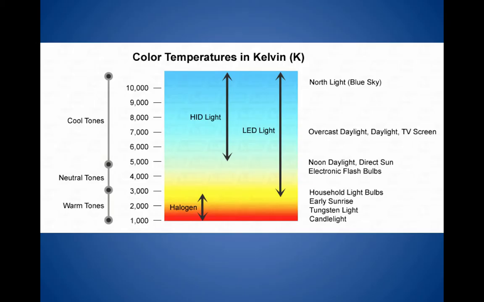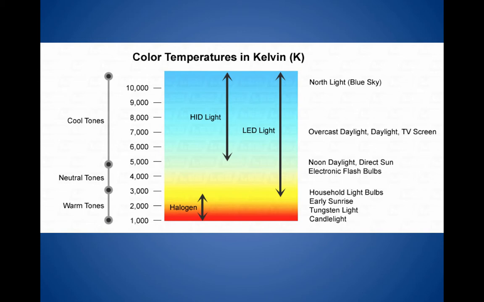Another way of looking at it is, if you're looking at the high end of the color temperature scale, ironically, we call that the cool end, mainly because visually it looks cooler, not temperature-wise. Kelvin-wise, it's higher in temperature, but it's cool tones. And the warmer tones tend to be lower in Kelvin temperature.